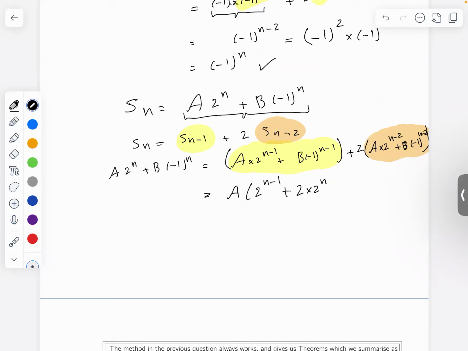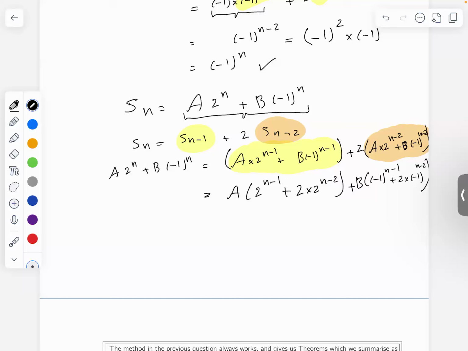Times 2 power n minus 2 plus b times minus 1 power n minus 1 plus 2 times minus 1 power n minus 2.